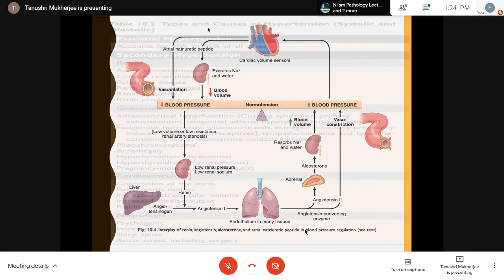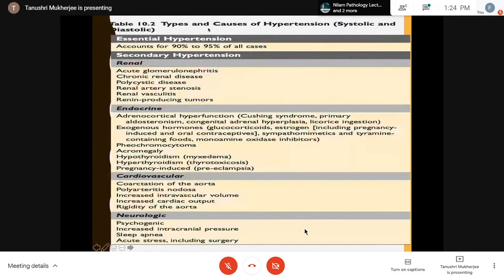So these are the various causes: essential or primary idiopathic, 90 to 95% of cases; secondary renal causes like acute glomerulonephritis, chronic renal disease, polycystic disease, renal artery stenosis, renal vasculitis, and renin-producing tumors.